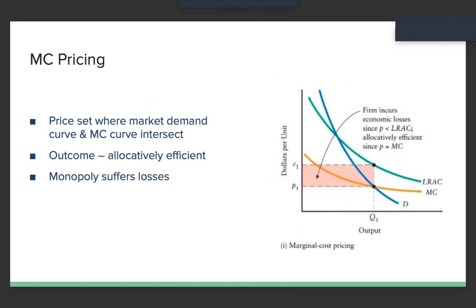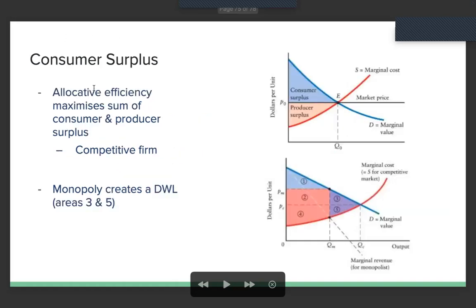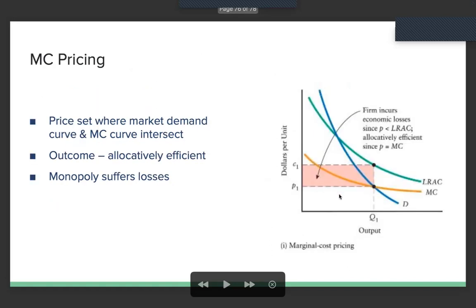Now, let's see what happens when we opt for a marginal cost pricing method. Price is set where the market demand curve and market cost curve intersect. So again, supply equals demand, and we know that the outcome is allocatively efficient. This is for monopolies. We are just trying to solve the issue of a deadweight loss here.